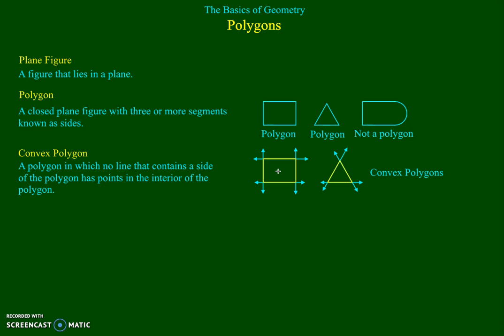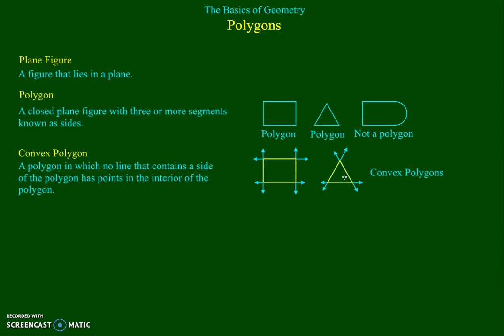That is the strict definition of a convex polygon. A polygon in which no line that contains a side of the polygon has points in the interior of the polygon. So again, just extending the sides, you can see that none of these lines have points inside the polygon.